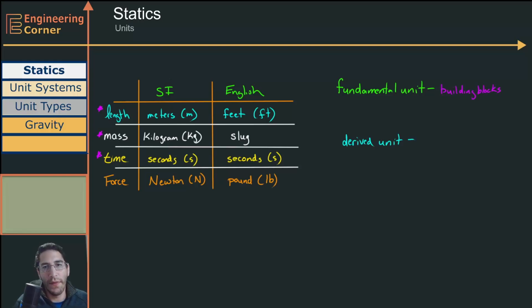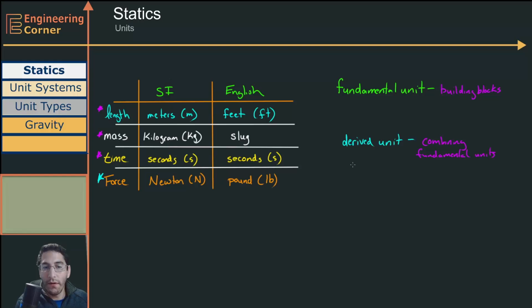The other type of unit that we have is called a derived unit, and a derived unit is created by combining fundamental units. In this list, a derived unit is going to be a unit of force.